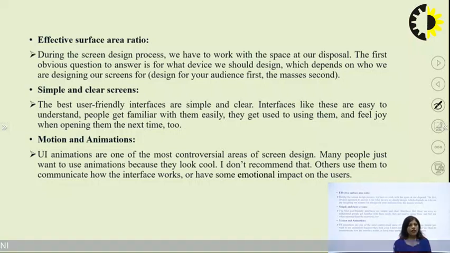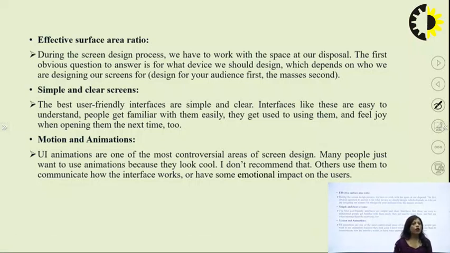So the screen designer first must know for what screen they are designing. For mobile, they use small icons and follow the parameters of the mobile device, and for the laptop or desktop they use bigger icons, bigger elements, and follow the parameters of the laptop or desktop.